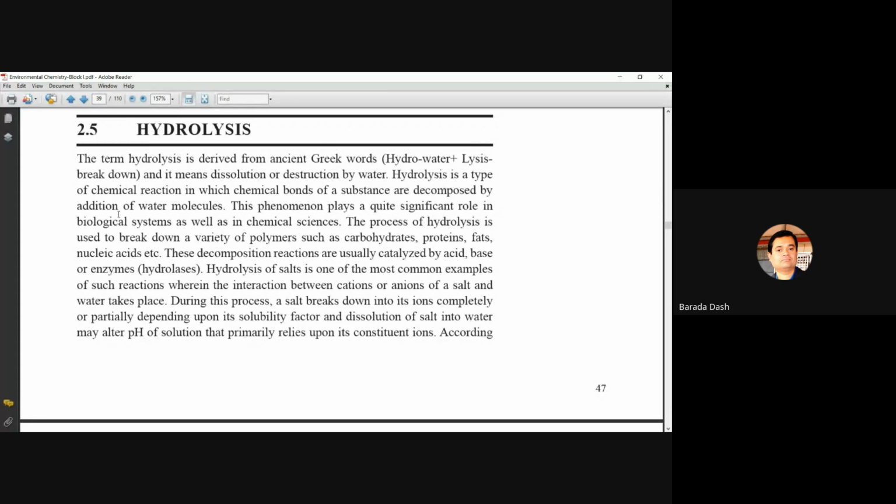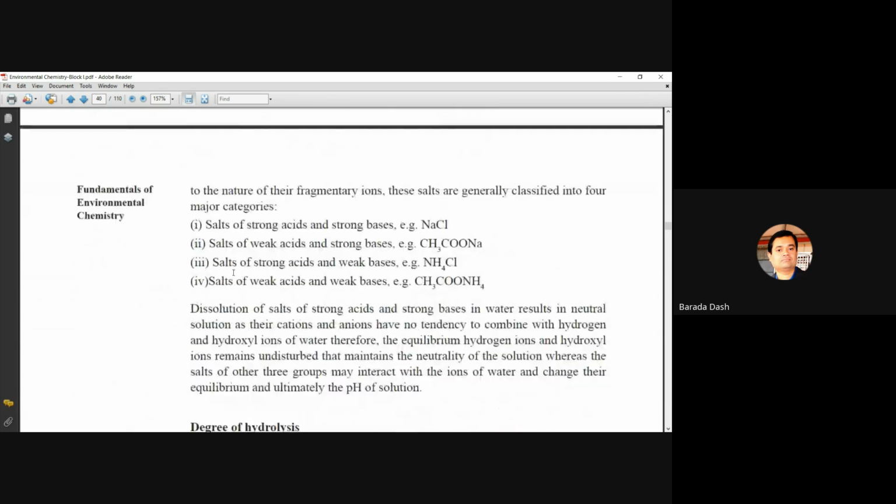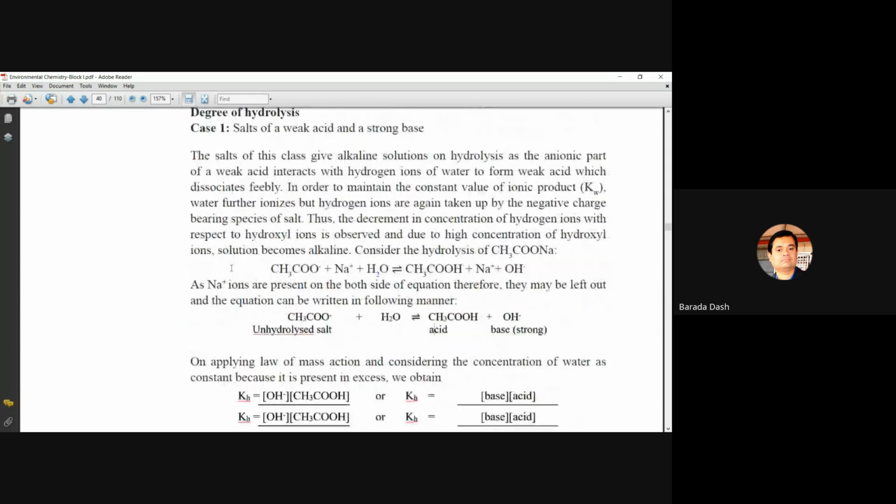Hydrolysis is a type of chemical reaction in which the chemical bonds of a substance are decomposed by the addition of water molecules. Basically, if a water molecule is added and a particular molecule is decomposed by that process, it is called hydrolysis.